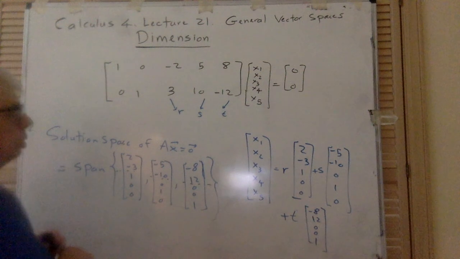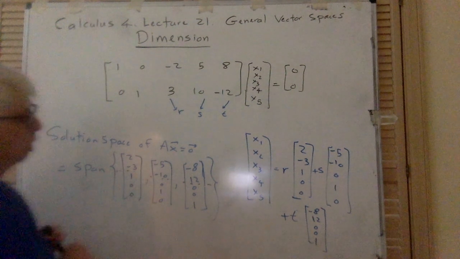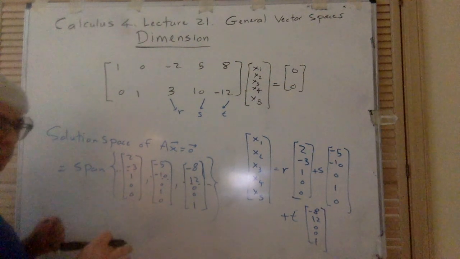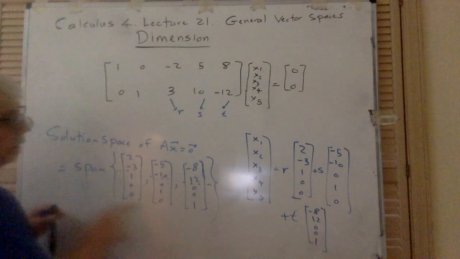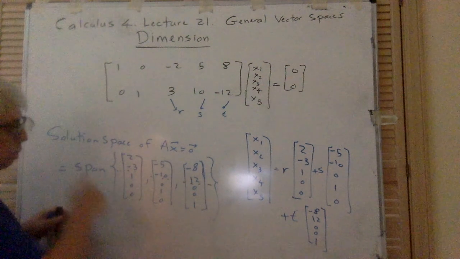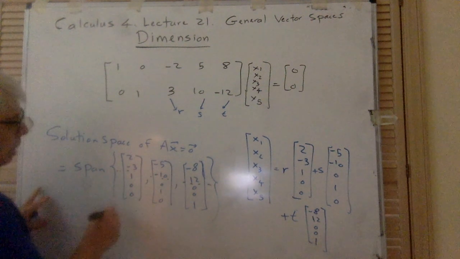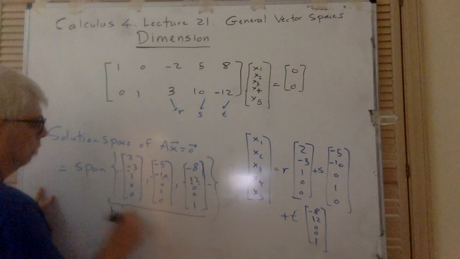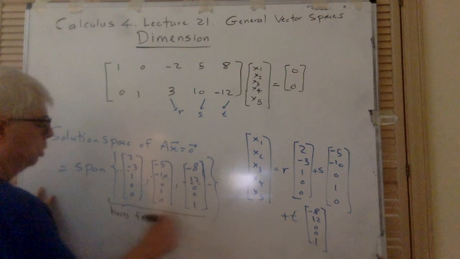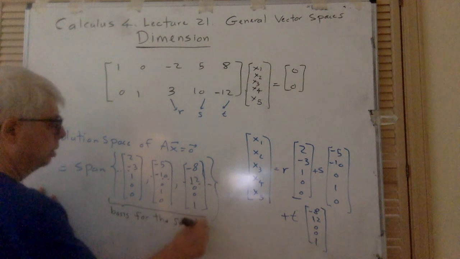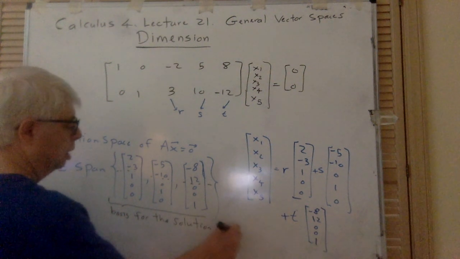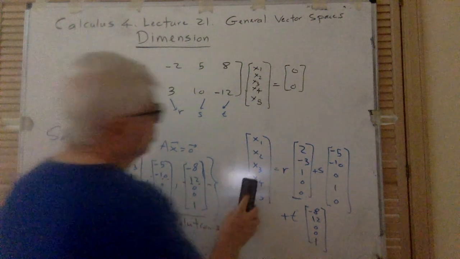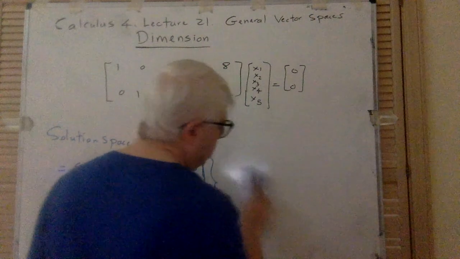So this shows two things, which in fact I discussed. One, the span of some vectors is a subspace. Two, this set becomes a basis for the solution space. So what does it mean?